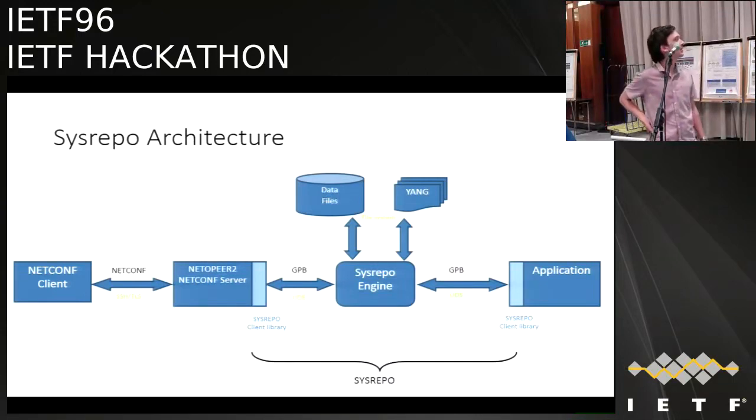How do we do that? We basically consist of two core components. One is the Netopeer2 NETCONF server, and the second one is the sysrepo data store. The sysrepo data store is YANG based. That means that if you have an application which wants to be managed via NETCONF, you just write the YANG model, install the YANG model into the data store, and instead of loading your configuration from some configuration files, you would load the configuration from the sysrepo data store.